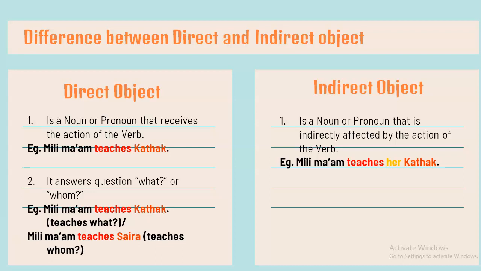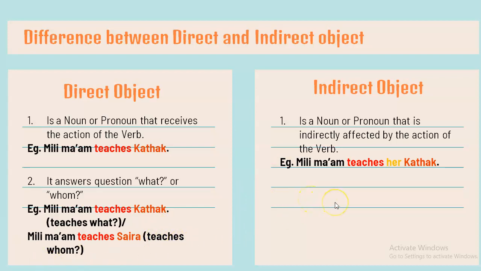So the next difference is the direct object answers the questions what or whom. For example, Millie ma'am teaches Kathak, teaches what? Kathak. And if we say Millie ma'am teaches Saira, Saira will be the direct object as it answers teaches whom.